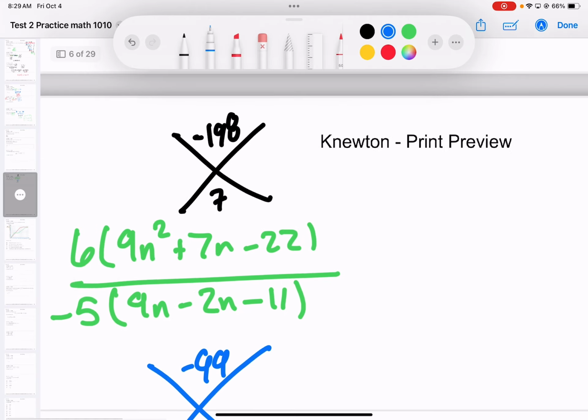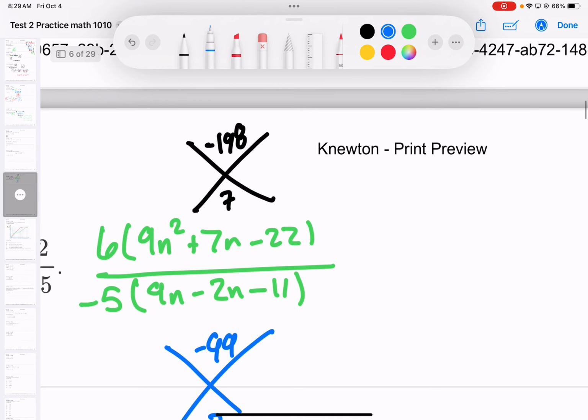So, for the video here, I'm doing 198. I'm going to divide it by 14. Nope, that doesn't work.